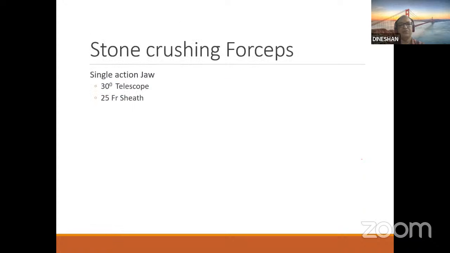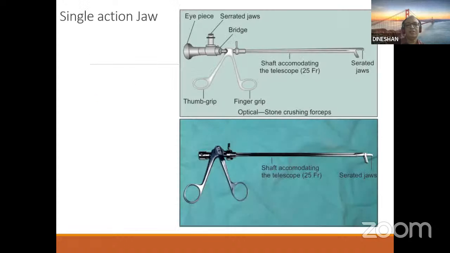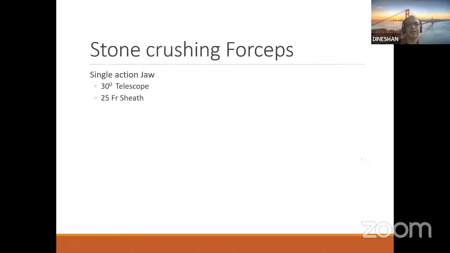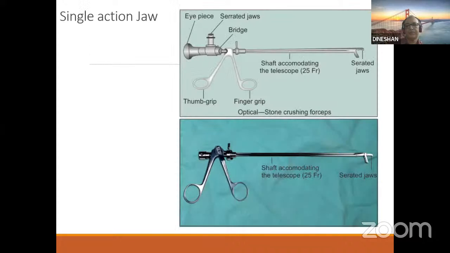Now, a few words about the stone crushing forceps, which almost completes the lower tract. You have two or three different types of stone crushing forceps which are used. This is the single action jaw stone crushing forceps.